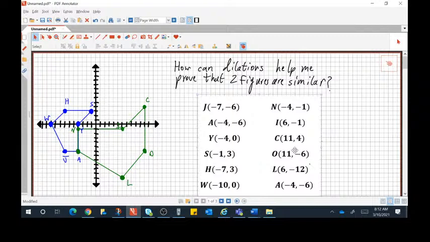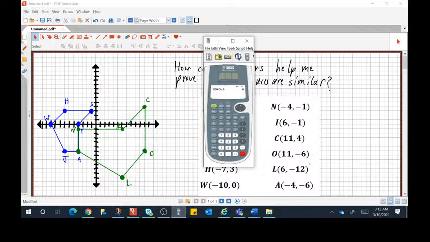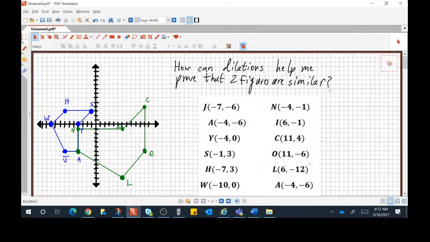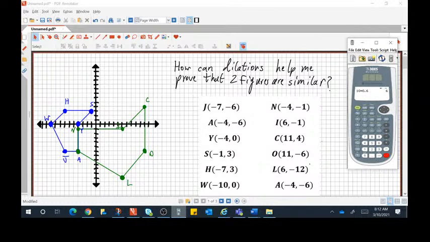Hey, folks, why do you think multiplying all those coordinates by 0.6 is going to be a pain? Why is that going to be obnoxious to do? Go ahead, Tate. Yeah, look at this, guys. If you just try it with N, and we dilate that by a scale factor of 0.6 to see if Tate's correct, which, by the way, I think he got by dividing corresponding side lengths, and that's how he got the 0.6 scale factor.